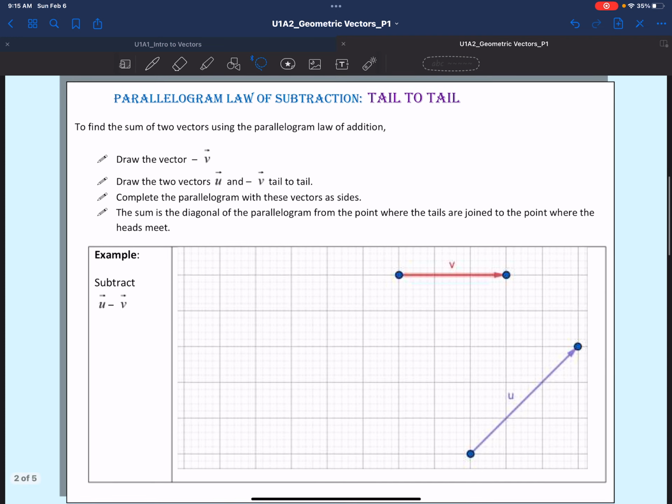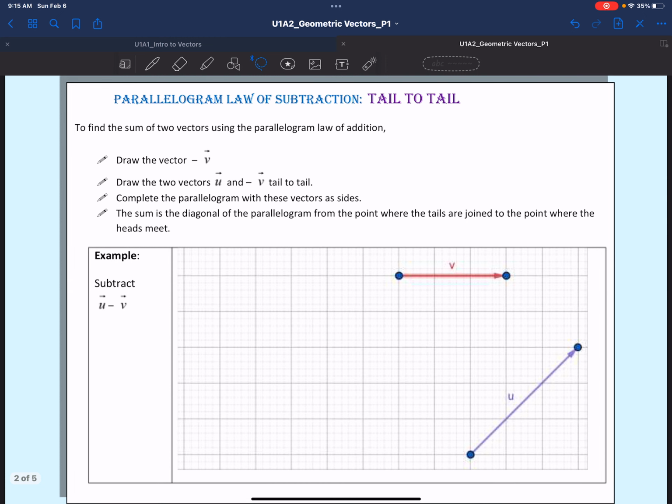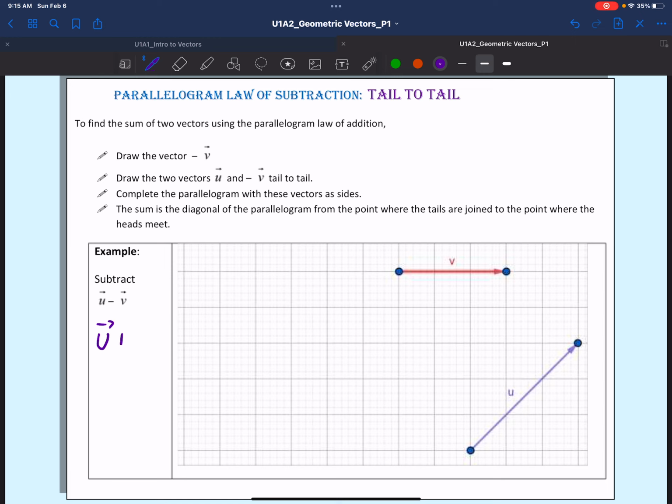Just like we work with the triangle law of subtraction, we're going to start off by drawing vector negative v this time. So we'll write the difference u minus v as u plus negative v. So here is vector v, which makes vector negative v go this way.